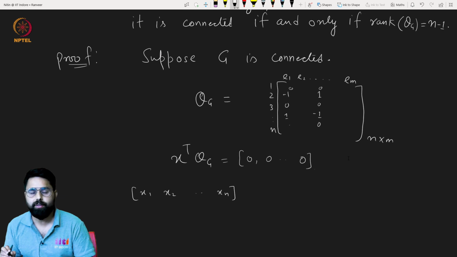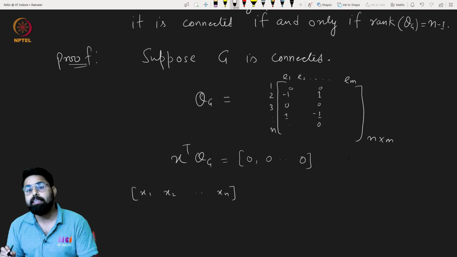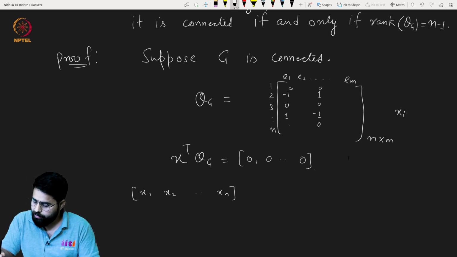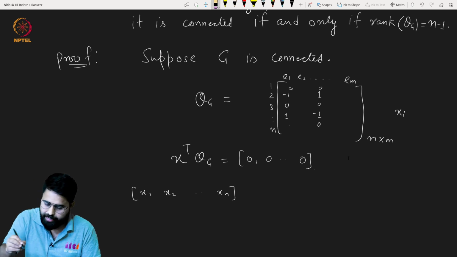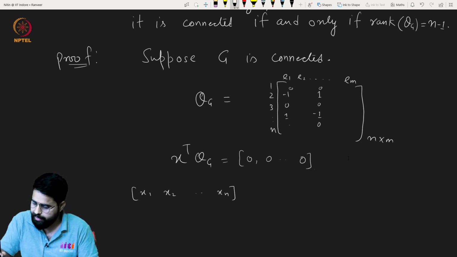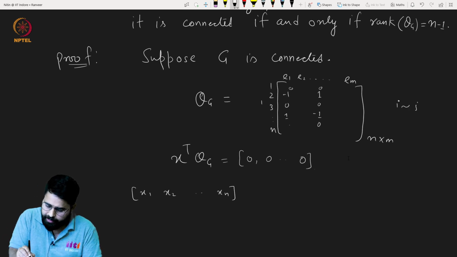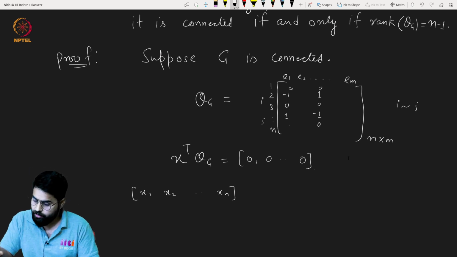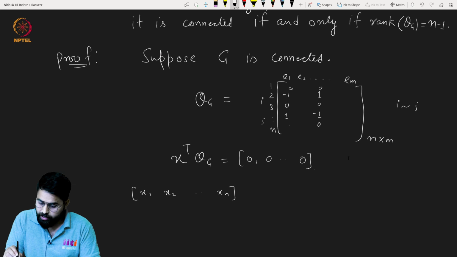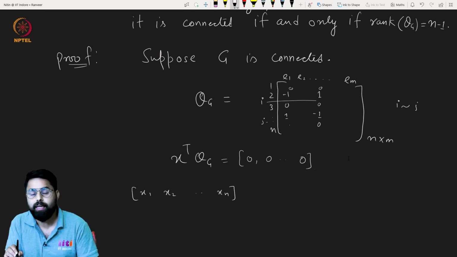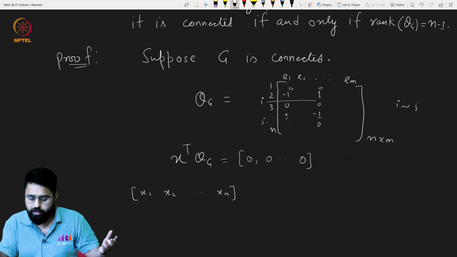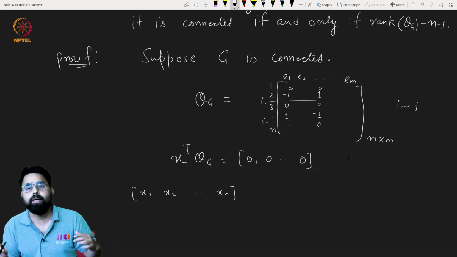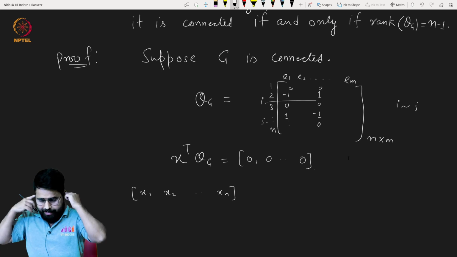So whenever there is an edge, suppose between vertex i and vertex j, there will be some row i and some row j corresponding to these vertices. Somewhere corresponding to it will be 1 and corresponding to the other will be -1. Otherwise it could be vice versa also. Here it could be -1 and here could be 1. Just the definition of the incidence matrix, right?